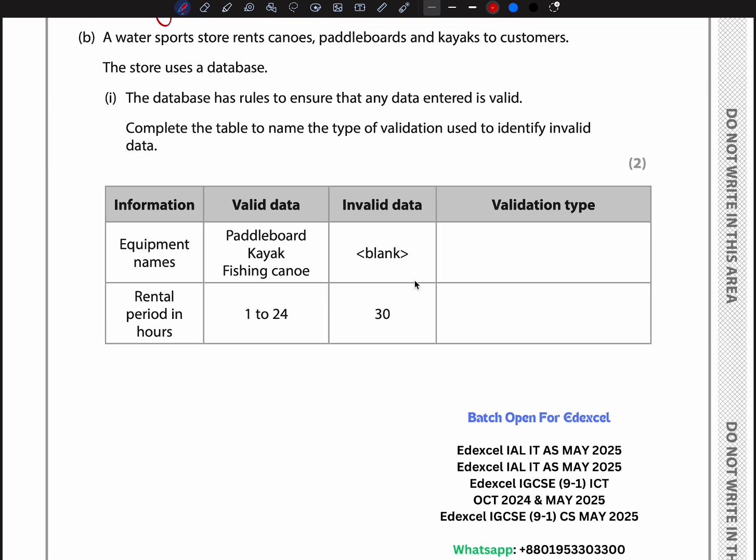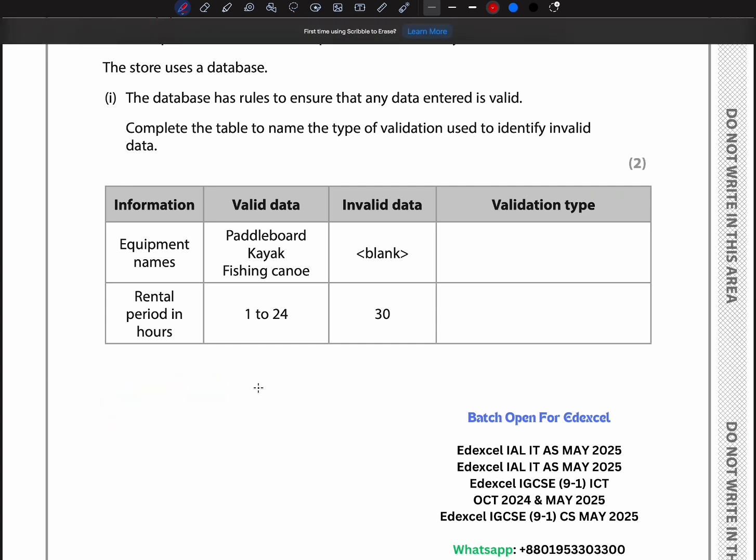Validation means, for example, when we sign up or register on Facebook or Instagram, or even Google, they have a password rule.